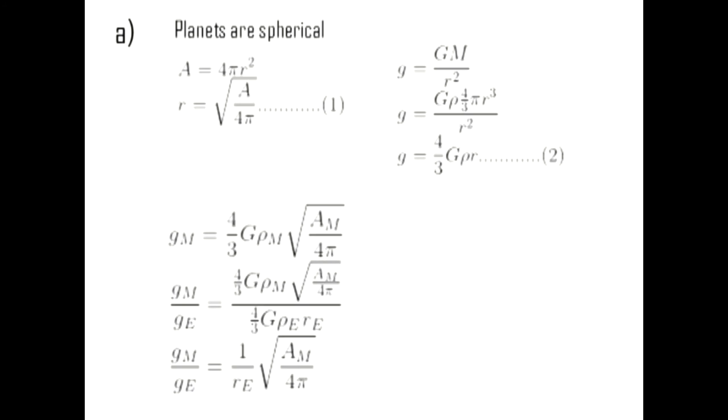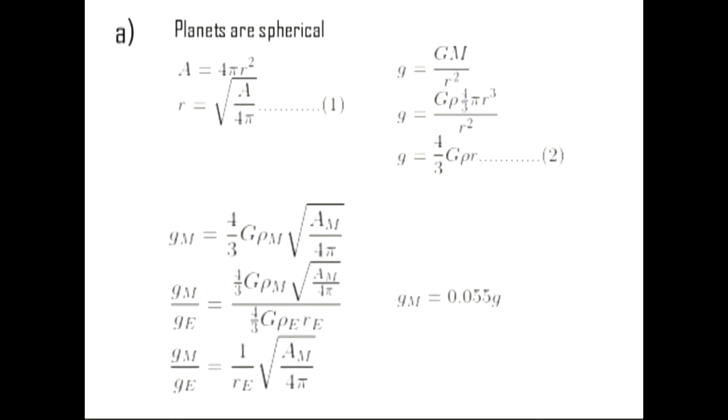Or we can just substitute the radius of Mongoliearth from equation 1, which makes it 1 over the radius of Earth multiplied by the square root of the area of Mongoliearth divided by 4 pi. And if you do the computations, you will find that the gravity on Mongoliearth's surface is equal to 0.055 g.